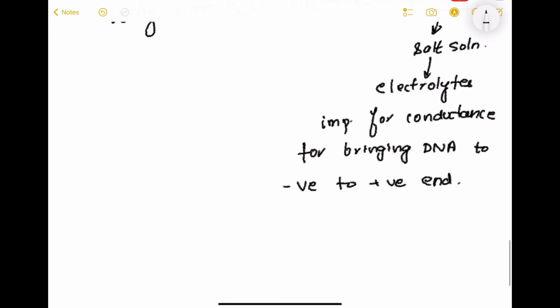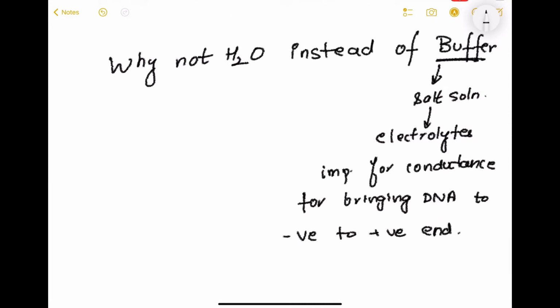Whereas water doesn't work like that because it does not have the salt solution. So that's the reason why we are not taking water and we are preferring buffer.